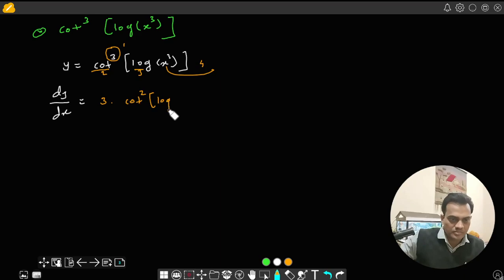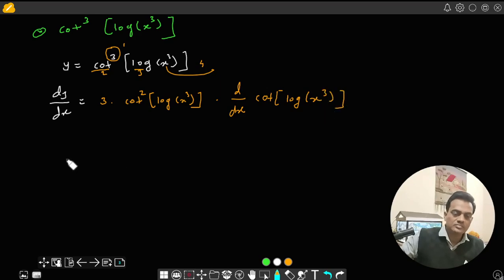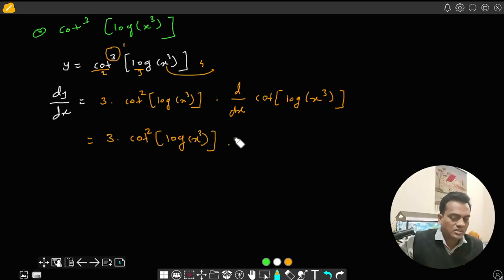Okay, so like this, and then the derivative of the second function, the cot function, with log of x cube as it is. Then it will become 3 cot square log of x cube, and now the derivative of cot: the derivative of tan is sec square x, and of cot is minus cosec square x.